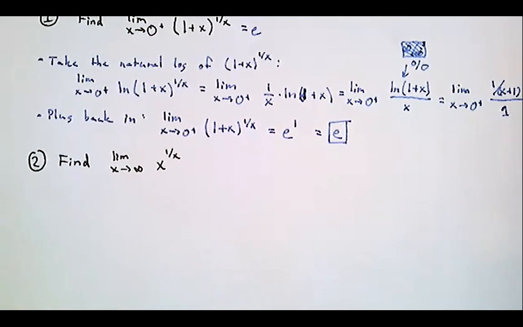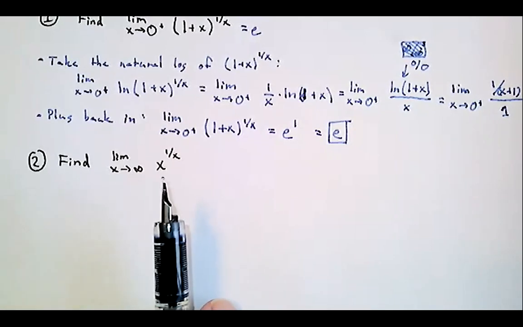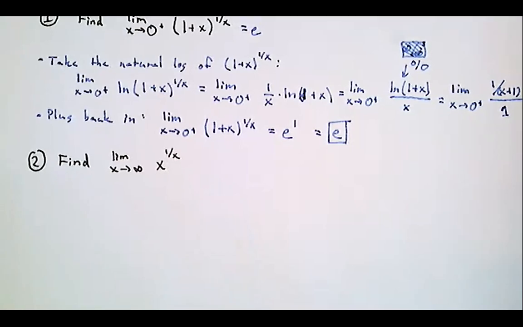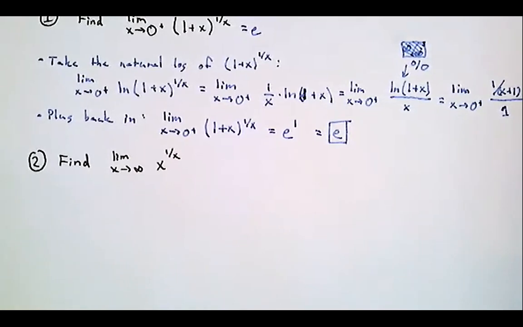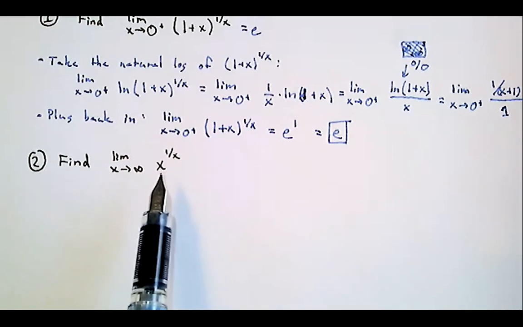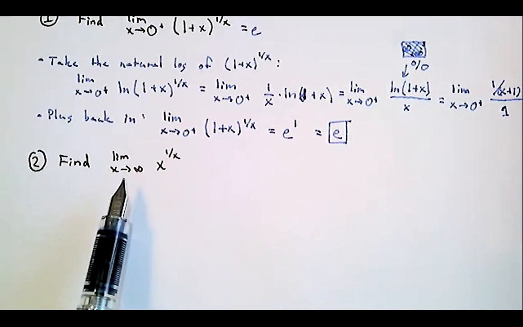Let's do this next one. We're going to find a limit as x goes to infinity of x to the 1 over x power. What kind of form is this? What kind of indeterminate form? Well, the base of our exponential here, that's just going to blow up to infinity, right?